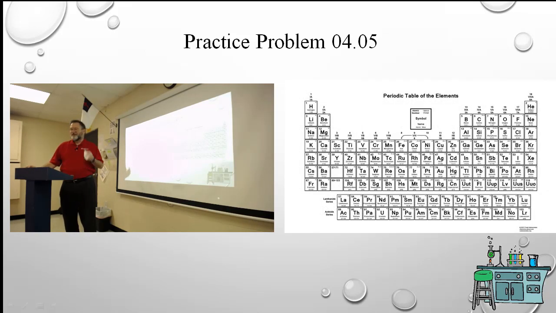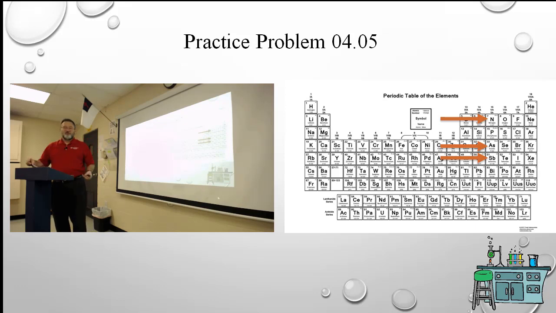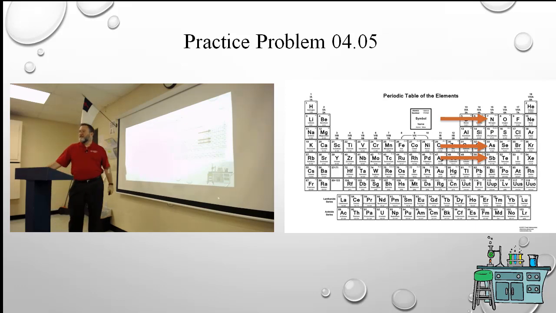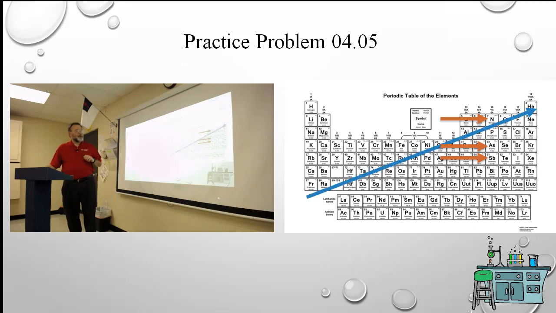Okay, well, we're going to do the same thing again, right? Let's go ahead. Nitrogen, N, Sb, and As. So we've located all three of them on the periodic table. What is the trend for electronegativity? Up and to the right.